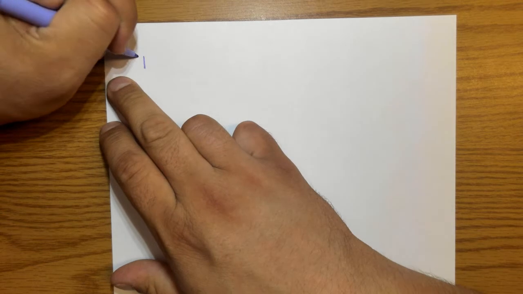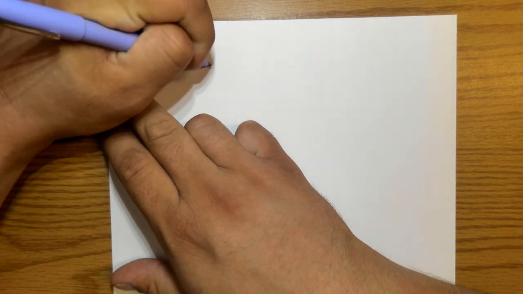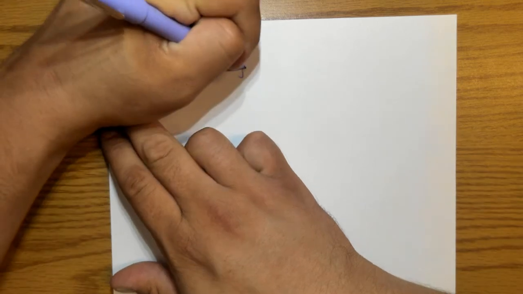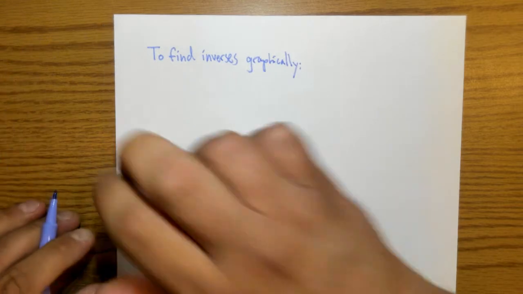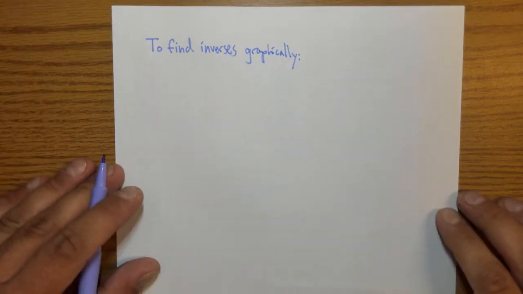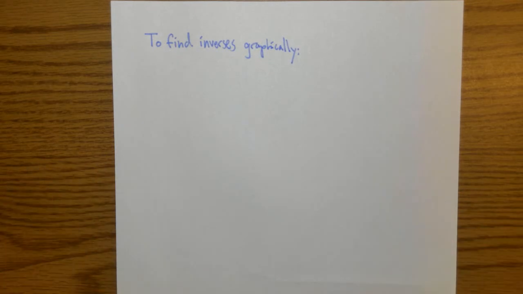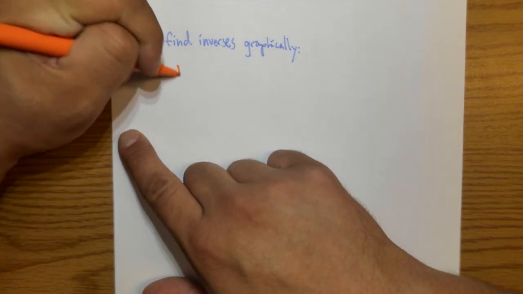So let's write this: to find inverses graphically. So there aren't really steps to do this, because when we look at graphically, we're just looking at it, really. But to find inverses graphically, we want to recall this idea.